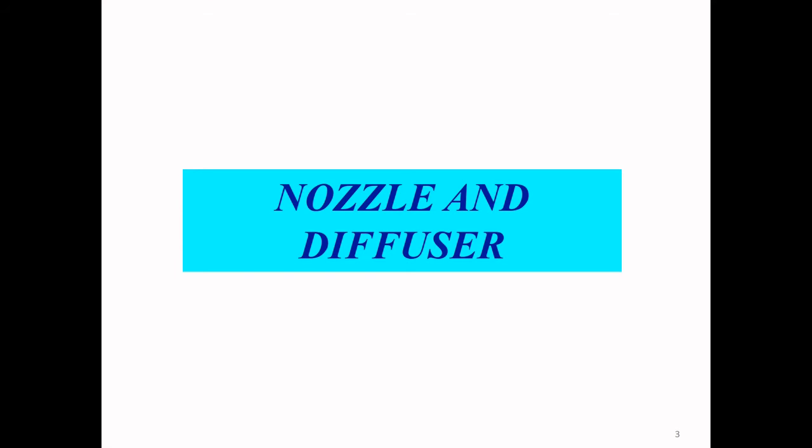The first devices that we will discuss in this part are the nozzle and also the diffuser. So we discuss in terms of the characteristics of the device, and at the end we will get the final energy balance equation for the device.